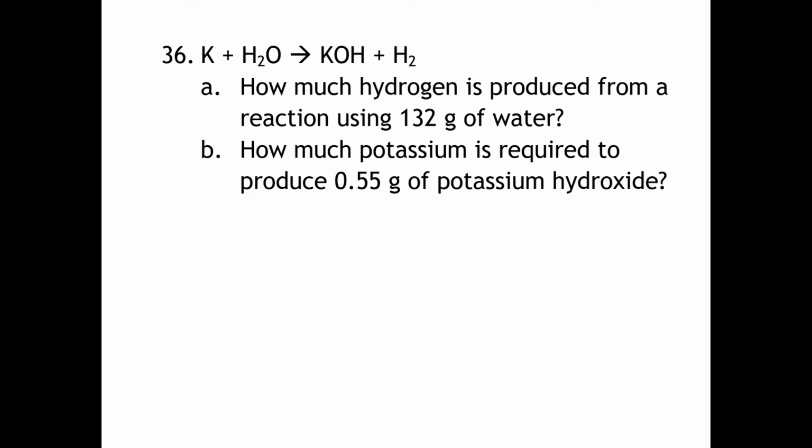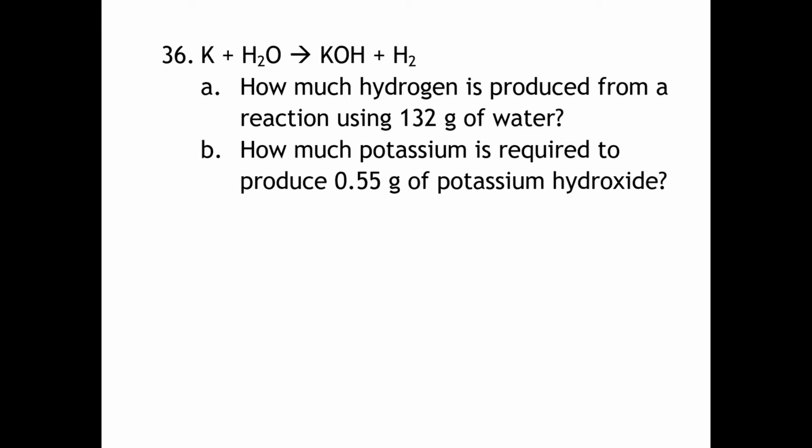Okay, welcome back. First question, how much hydrogen is produced from a reaction using 132 grams of water? Okay, let's just have a look. Shout out the answer here right now. All right.